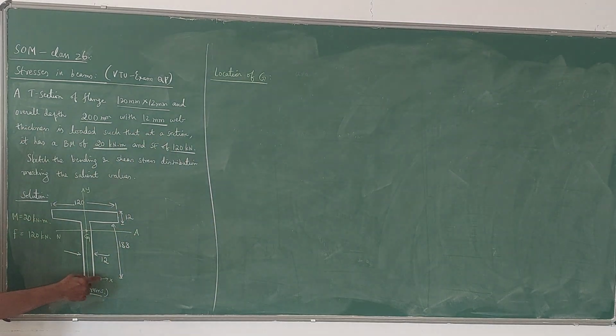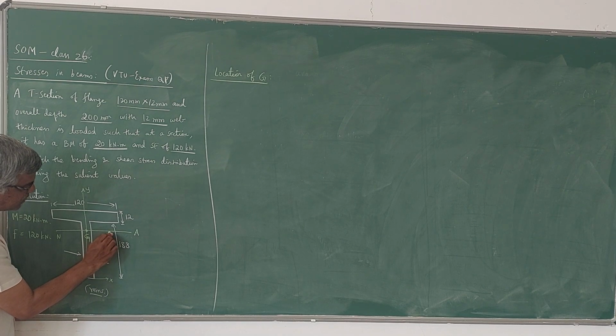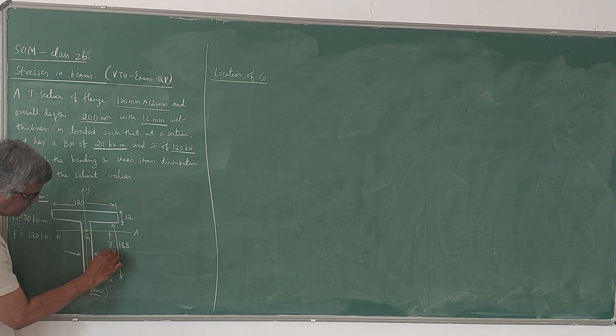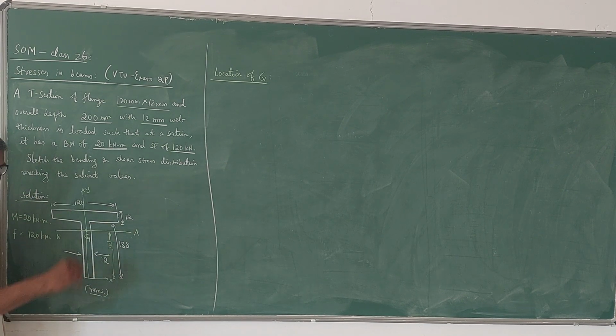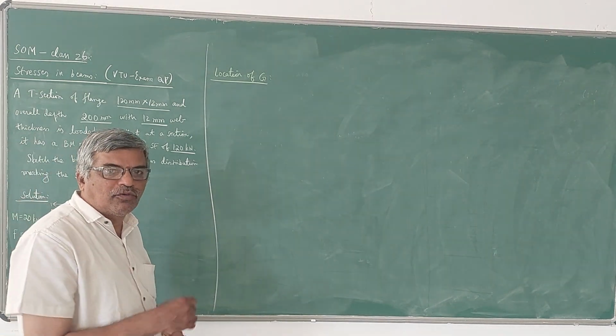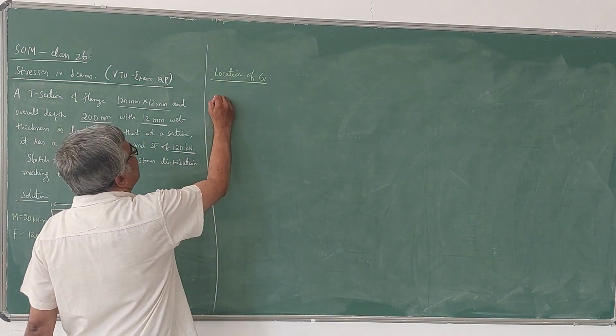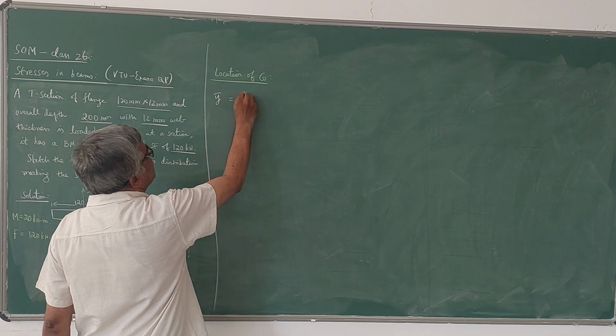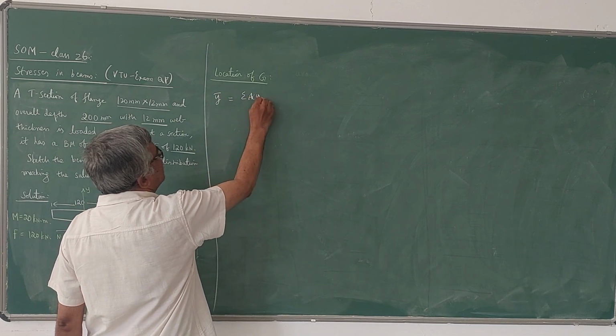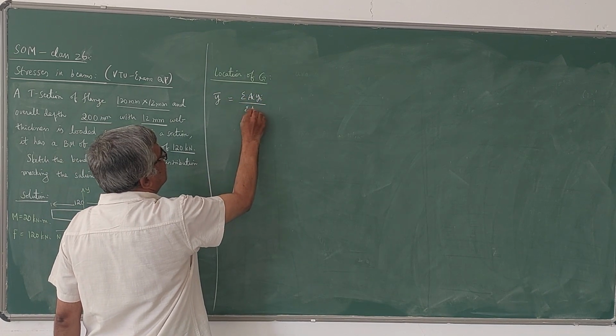Now, the distance of the centroid from the x-axis is y bar, and we need to find this y bar. You know how to find it: y bar is given by sigma a y divided by sigma a.